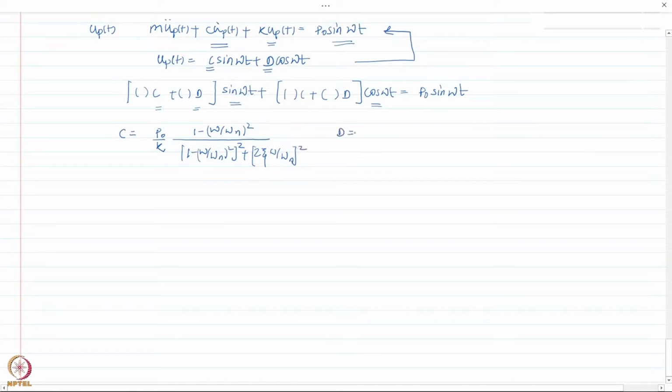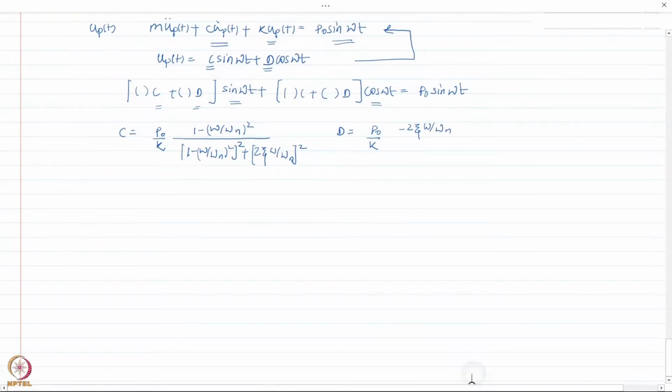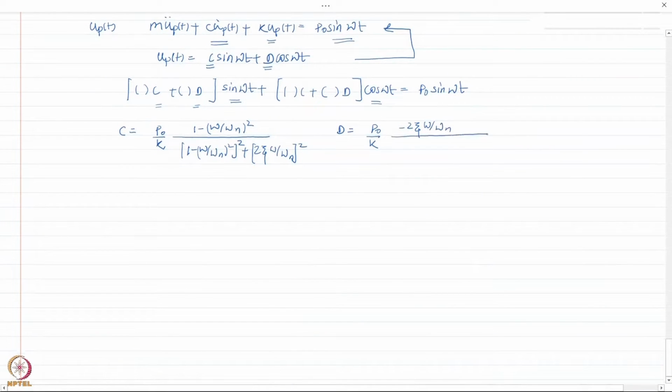Similarly, the value of D, I can write as p naught by k, but the numerator is now going to change. I would have this term here, and the denominator is going to remain the same as what I had for C. So let me just write it here again anyway.